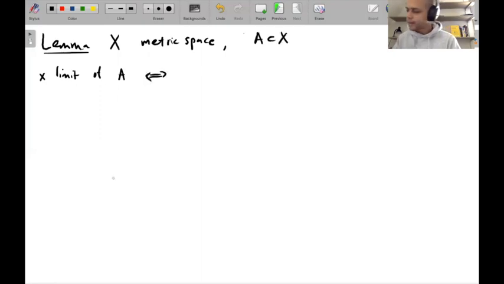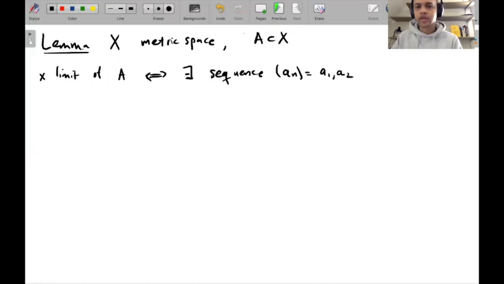If and only if there exists a sequence which I'll write like this. So this is a sequence of points in A that converges to x. And actually these points should be in A and not in x.